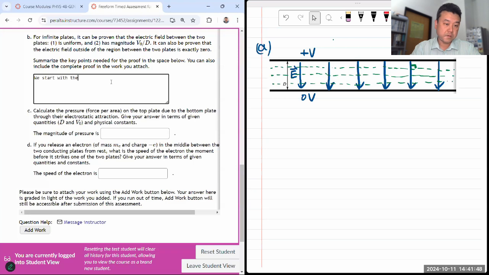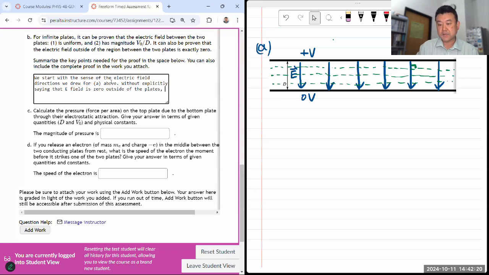We start with the sense of the electric field directions we drew for A above, without explicitly saying that the E field is 0 outside of the plate.